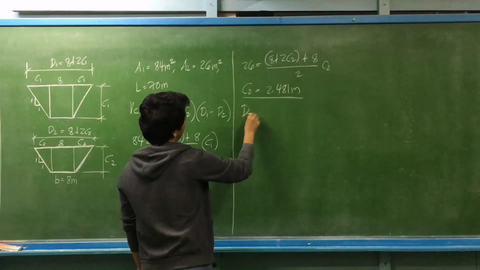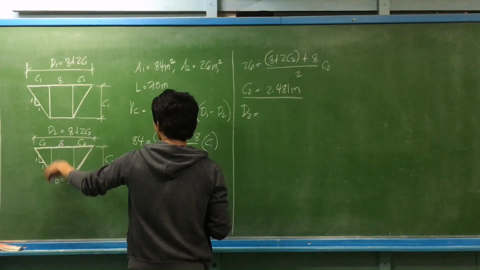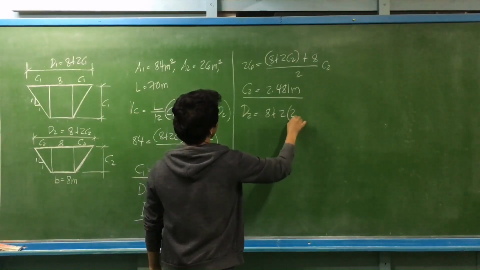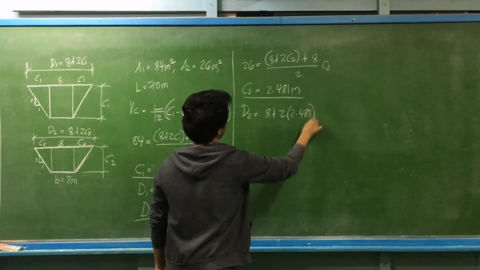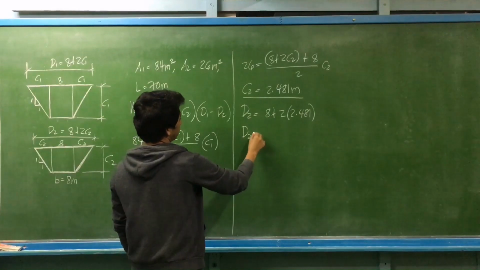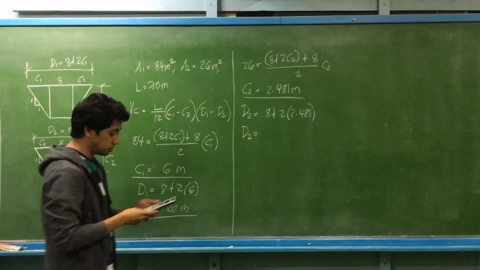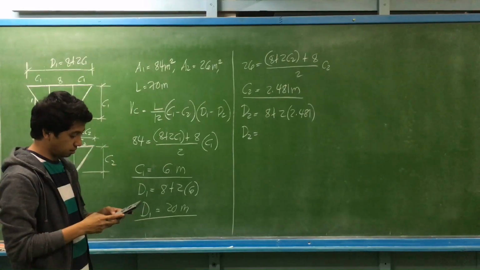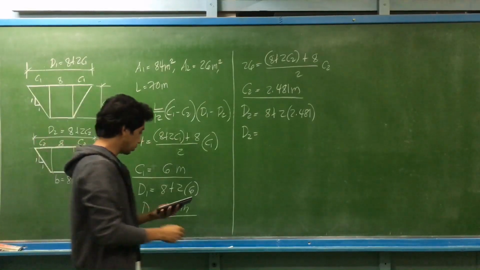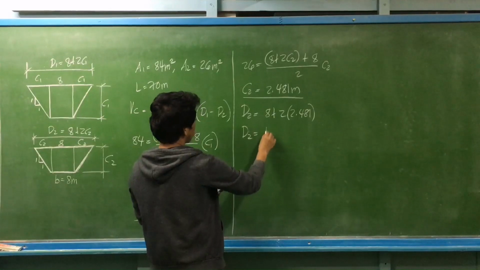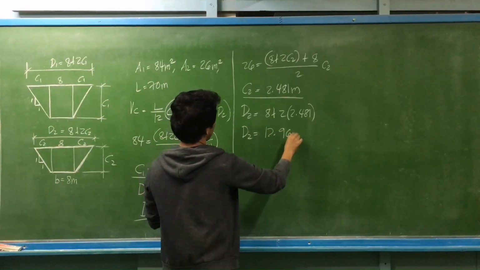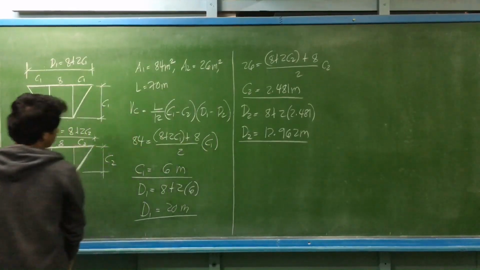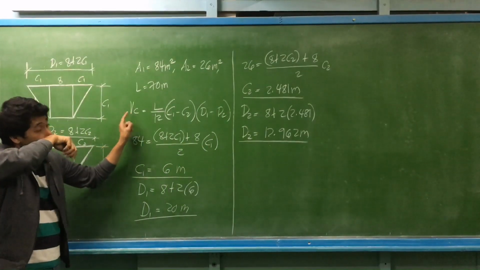So magiging dimension ni D sub 2, that will be equal to 8 plus twice of 2.481. Okay, so we have top base ng second section. So this is equal to 8 plus twice of 2.481. So meron siyang dimension equal to 12.962 meters.